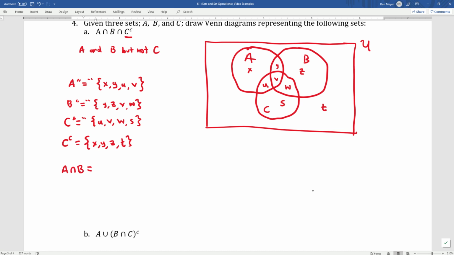So A intersect B is all of the things that are in both. Looks like the overlap here is Y and V. Those are the only elements that are in both of those sets. And then if I do A intersect B, there's some kind of hidden parentheses up there.